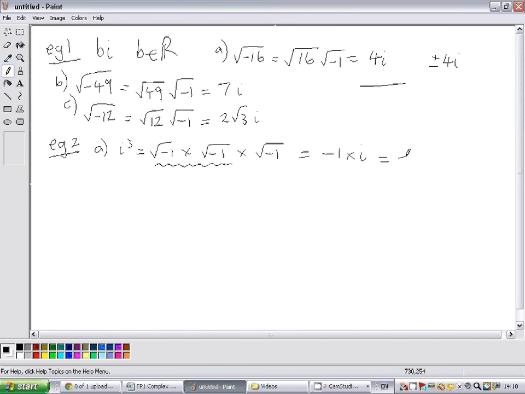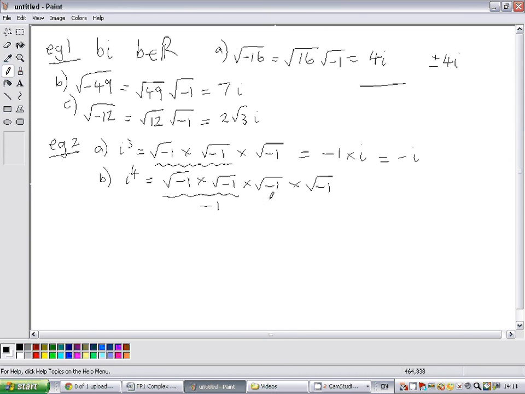If we look at part B, i to the 4, well, that's 4 of these multiplied together. And what we can do is look at these in pairs. So this first pair would give minus 1, and the other pair would give minus 1. So it's minus 1 times minus 1.